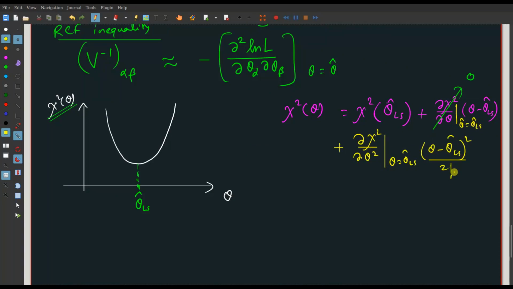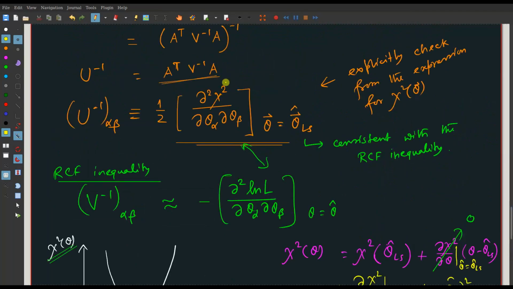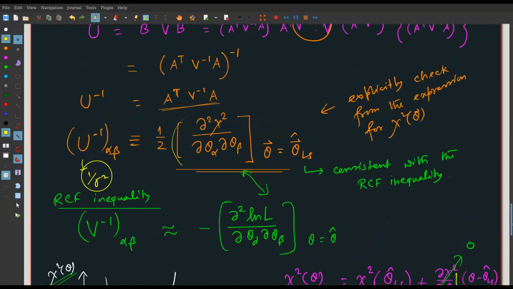All right. So now from the idea that I presented here, del 2 chi-square del theta 2 multiplied by half is just the inverse of the correlation matrix. In the case where I have a single variable, this is 1 by sigma square. So this is basically 1 by sigma square if I am only considering a single parameter theta.